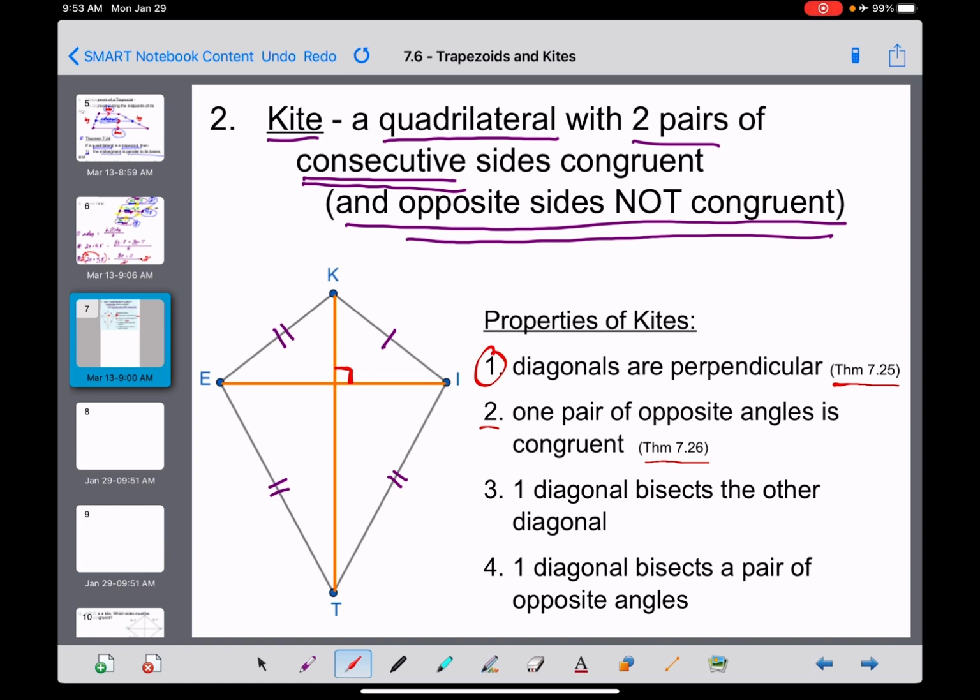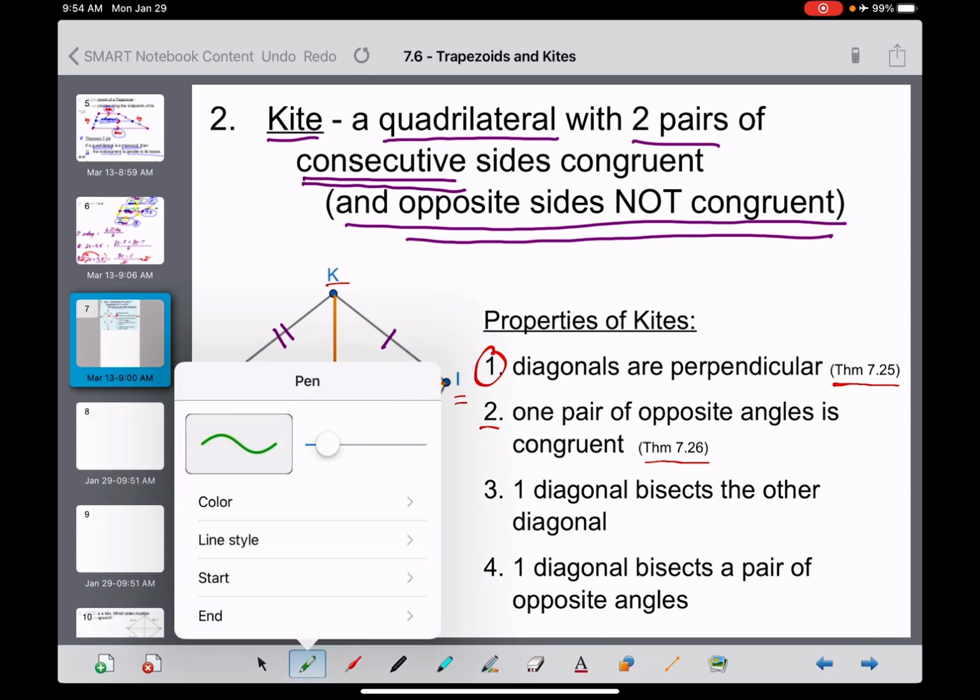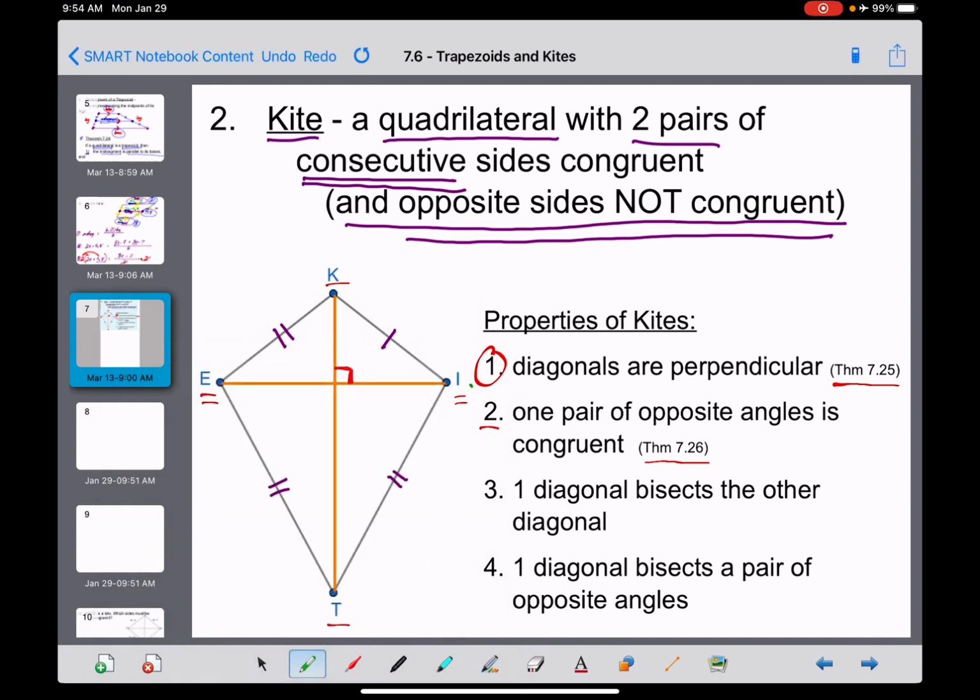The pair of opposite angles that are congruent here, it's either angle K is congruent to angle T. Think about that for a second, and if you believe that's the case, or angle E is congruent to angle I. It's a question of symmetry, and most people can see that in a kite, it has one axis of symmetry along a diagonal, but not 2. This kite is not symmetric if we were to fold it along this horizontal diagonal.